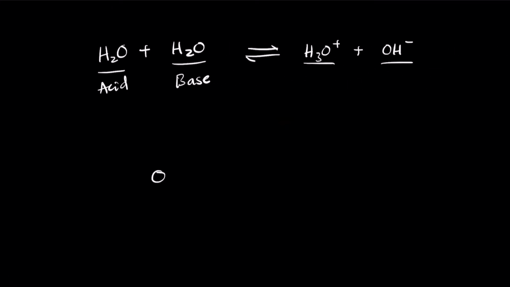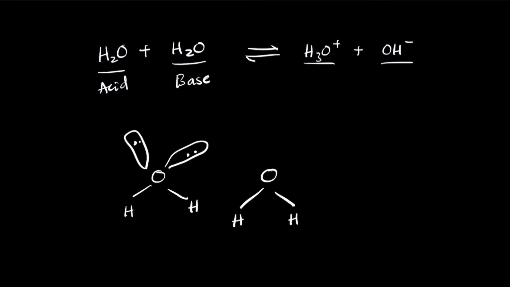So let's take a look at a general water molecule. You have oxygen with 2 hydrogens and 2 pairs of lone pairs of electrons, and you have, let's say, another water molecule here with another 2 lone pairs of electrons. One of the oxygens donates its lone pair to the other oxygen.